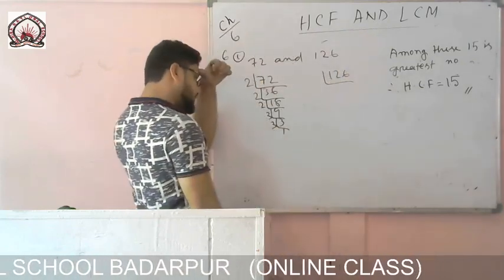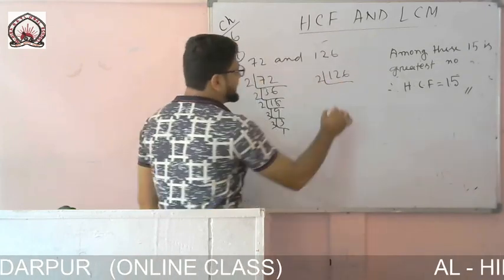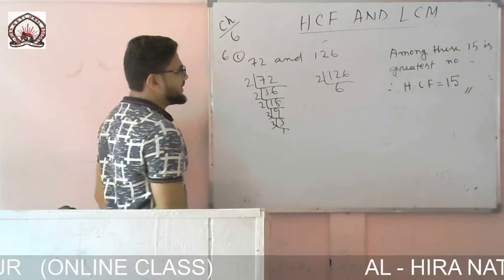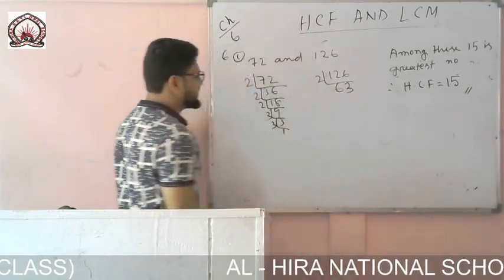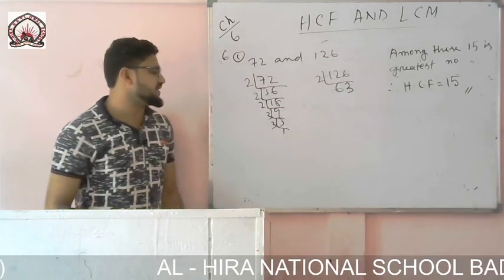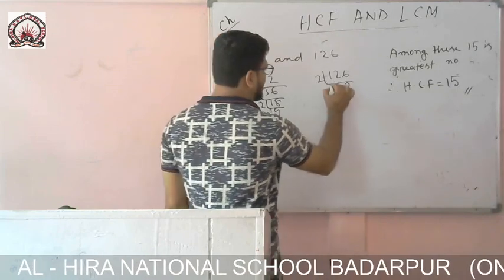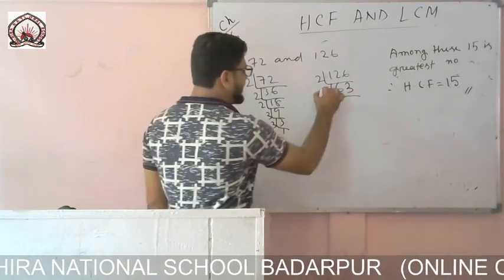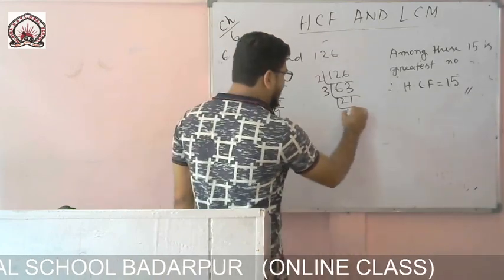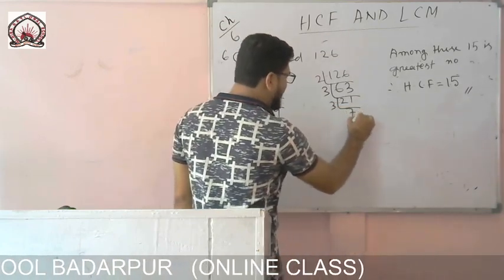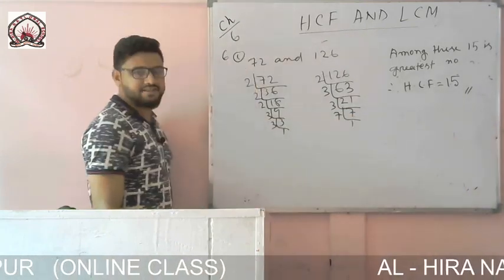So with 2, yes, 2 6s are 12, remain 6. So 2 3s are 6. Now this one with 3 2s are 6, 3 1s are. Now again with 3 7s are 21, and 7 with again 7. Okay, you got what? 7 0 7.